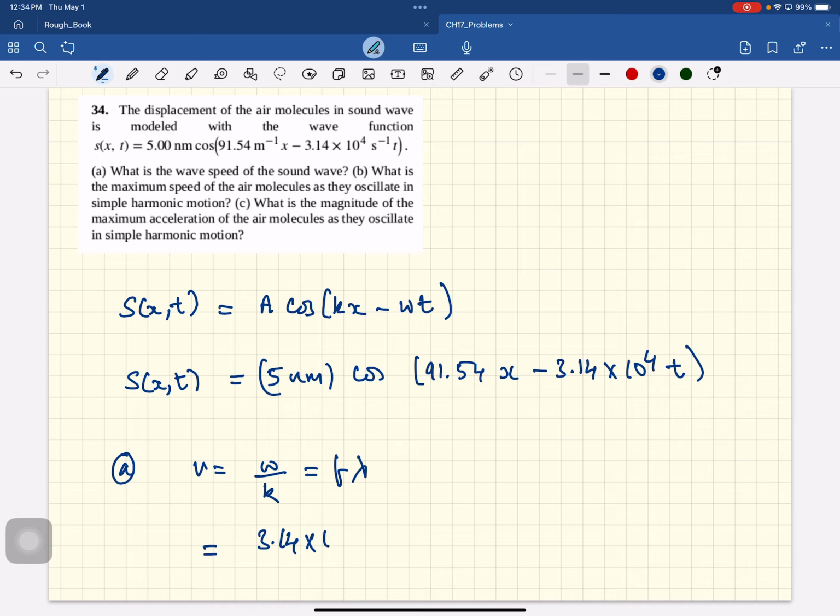3.14 times 10 to the power 4, 1 over second, divided by 91.54, 1 over meters.